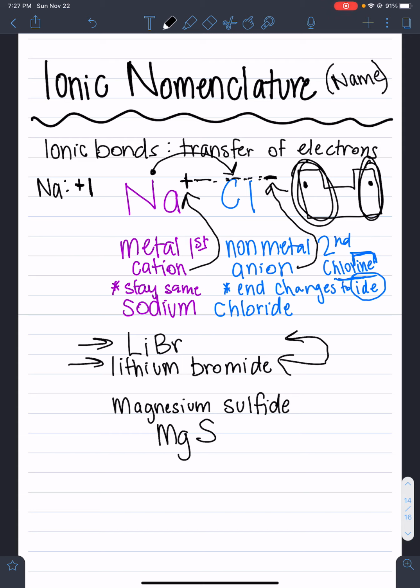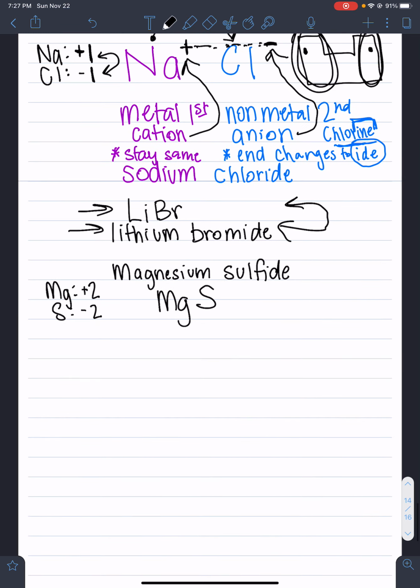The next one, Cl, has a charge of -1. So for every one Na, there can be one Cl, right? Because these charges balance, 1 and 1. Down here in the magnesium and sulfide example, Mg has a charge of +2, and S has a charge of -2. So those also balance each other.